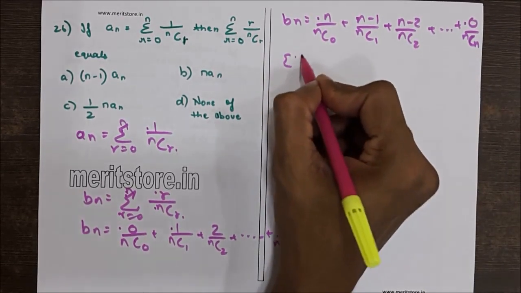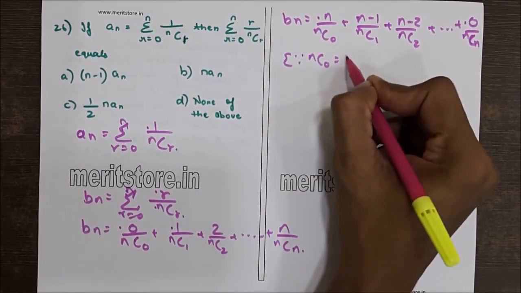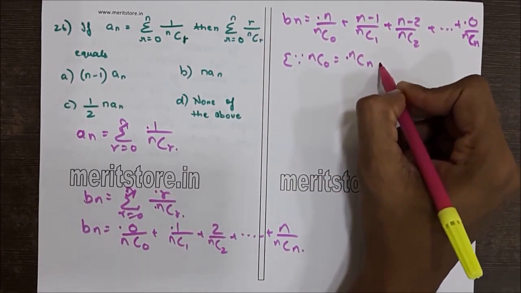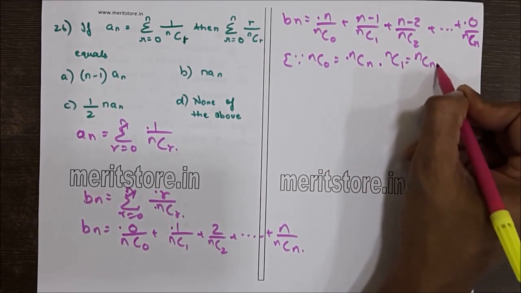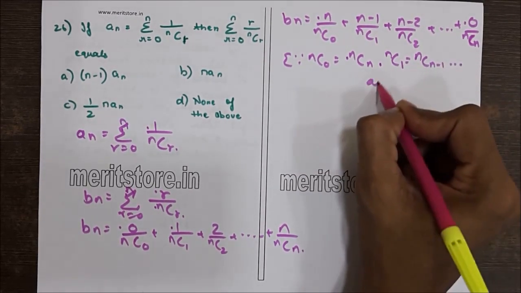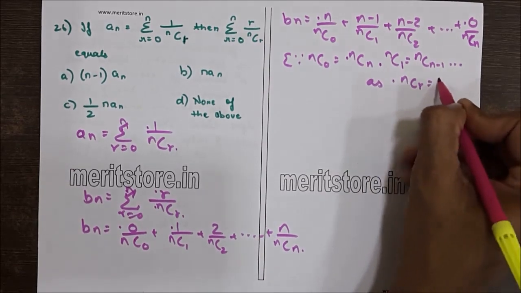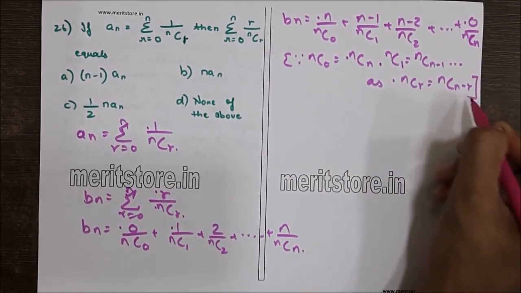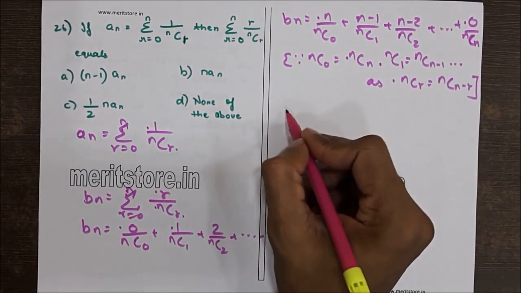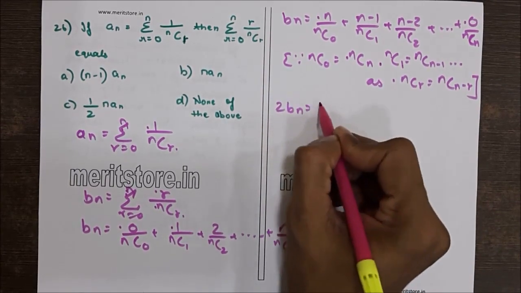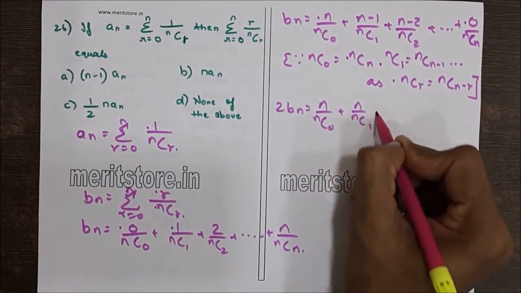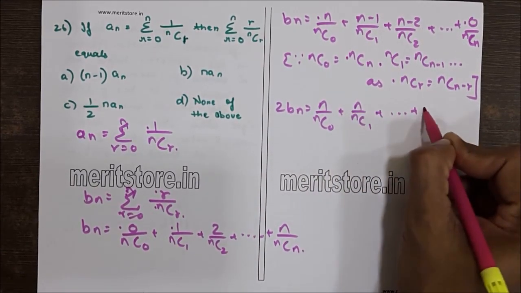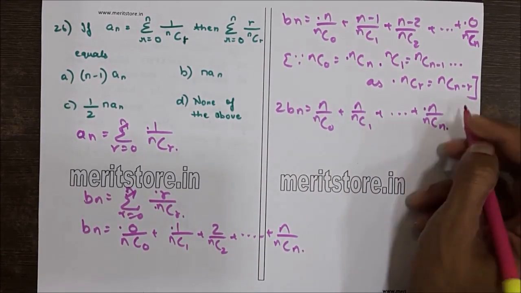Since we know that nC0 is equal to nCn, nC1 is equal to nC(n minus 1), and continuing, nCr is equal to nC(n minus r). So by adding both, we get 2Bn, which is equal to n upon nC0 plus n upon nC1 plus continuing up to n upon nCn.